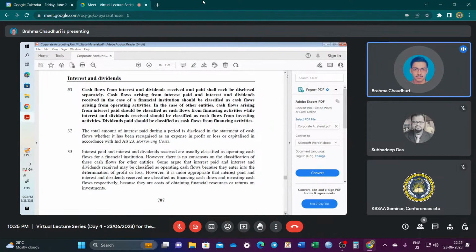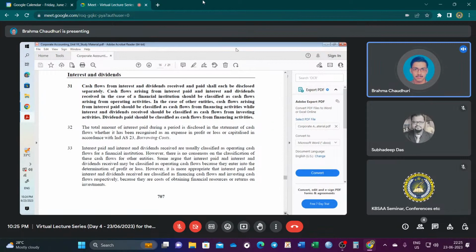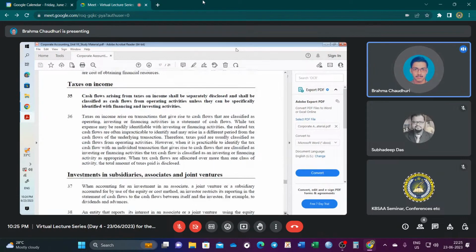So for para 31, we will have to be very careful while preparing the cash flow statement, and we will have to take it into consideration so that our problem is correctly solved. So this is all about the cash flow statement. Then taxes on income also have to be separately disclosed.